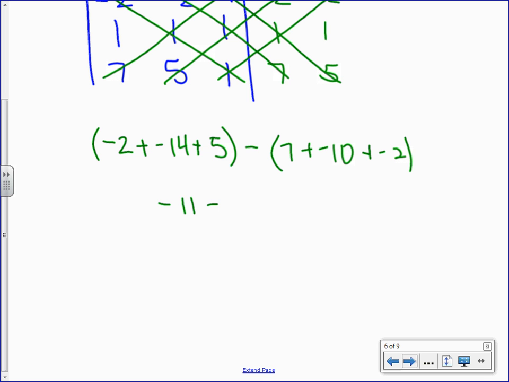Okay. Minus. Minus -5. Is that 0? No, these are not collinear points. Do not forget to answer the question.